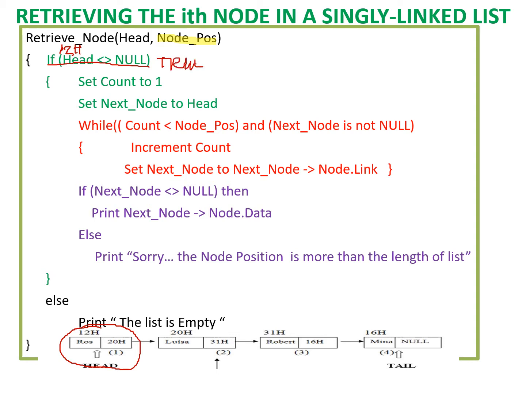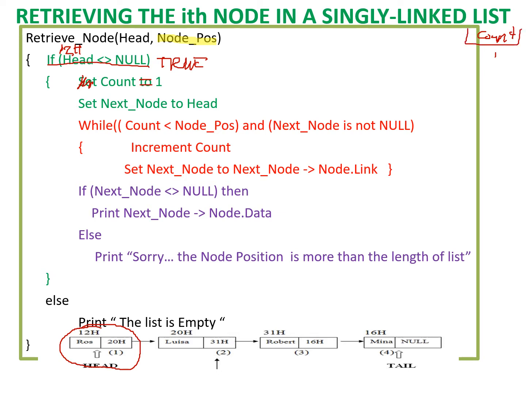So if it is true, you have now to set the value of count to 1. It's like saying that instead of the word set, we are assigning value 1 to count. So in our memory, we have count, and count is equal to 1.